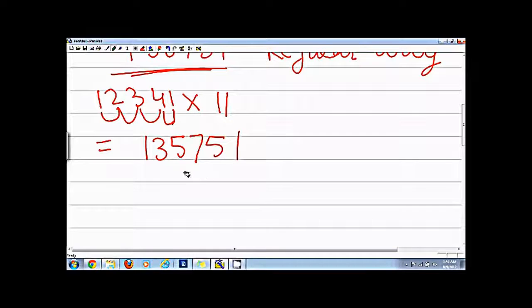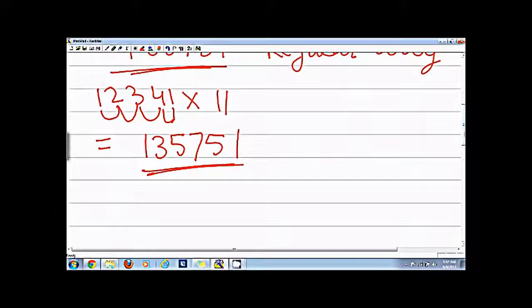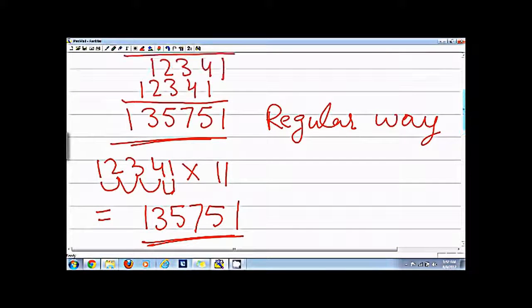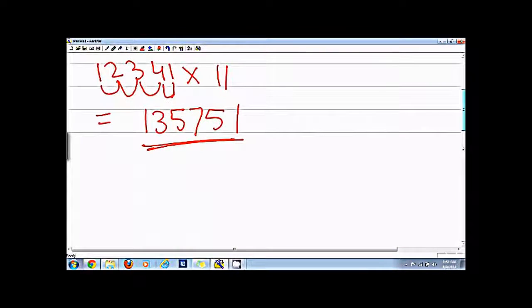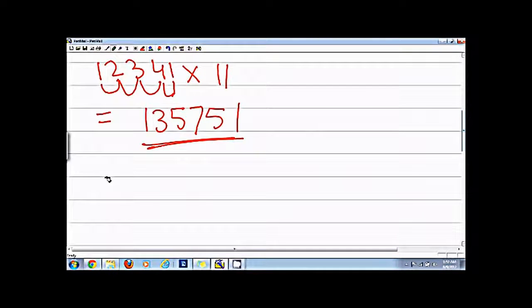So the answer is 135751. This is the answer I had before, so in this way we can skip all this writing and go with the problem in a quick way.